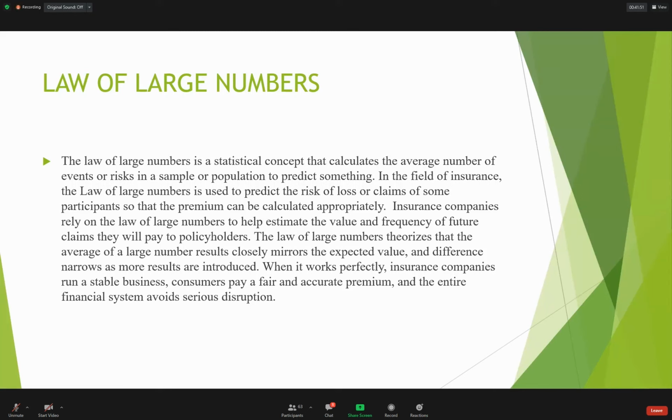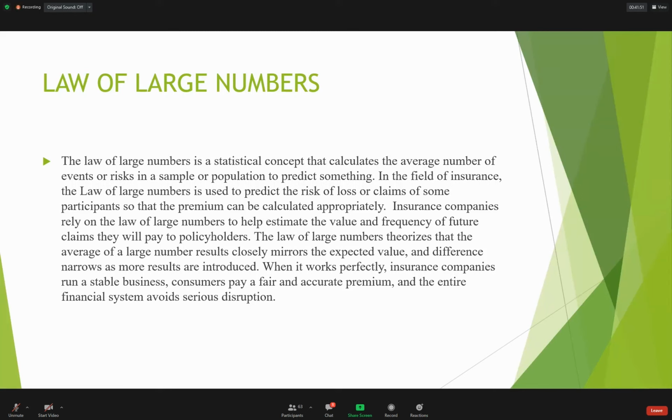It helps insurance companies to estimate the value that the policyholders will have to pay. And the next question is, pure risk ideally should have certain characteristics to be insurable by private insurance. So we are going to list the characteristics of an ideally insurable risk.